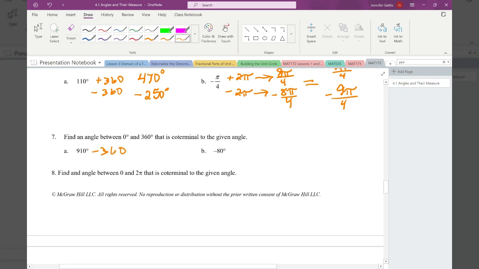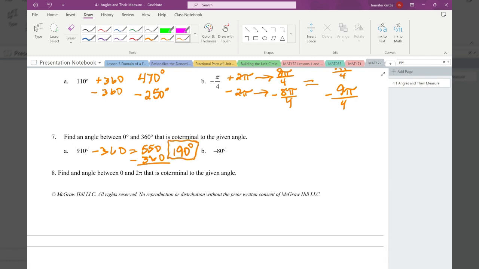So we start out with 910, subtract 360, and that gives us 550. Well, that is not in between 0 and 360, so we're going to subtract 360 again. And when we do that, we get 190, and that is between 0 and 360.